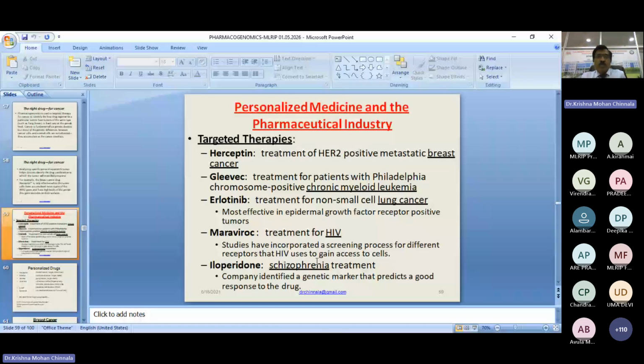This is useful in treatment of HER2 positive metastatic breast cancer. And Gleevec is the drug treatment for patients with Philadelphia chromosome positive chronic myeloid leukemia. And erlotinib is treatment for non-small cell lung cancer, most effective in epidermal growth factor receptor positive tumors.